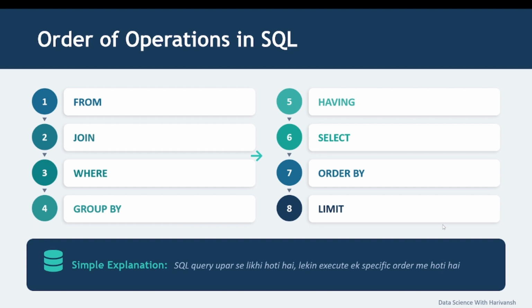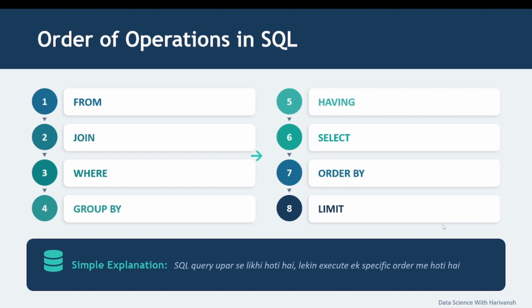The sixth step is select. It is a misconception that select runs first because it appears first in the written query. In reality, select is processed sixth, only after the data has been sourced, joined, filtered, grouped, and having filtered.